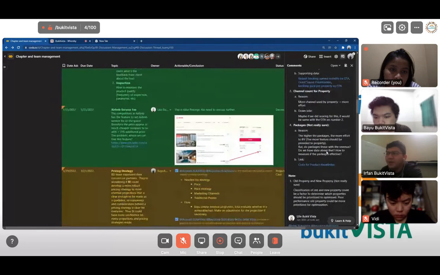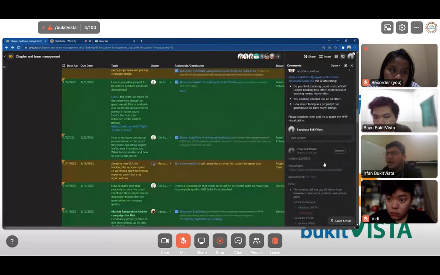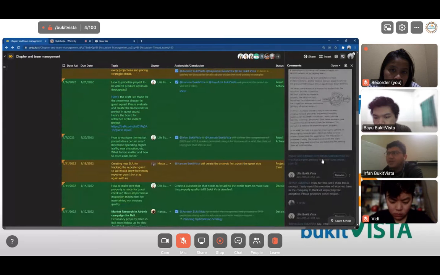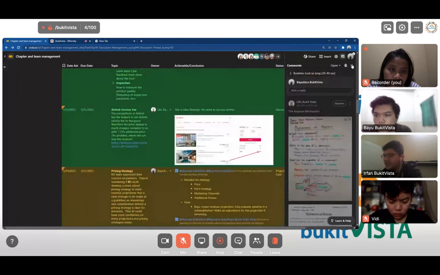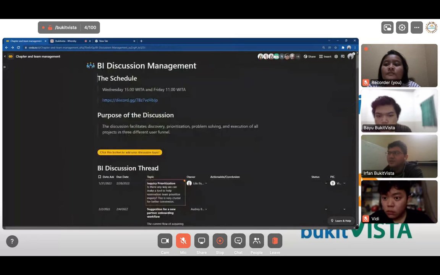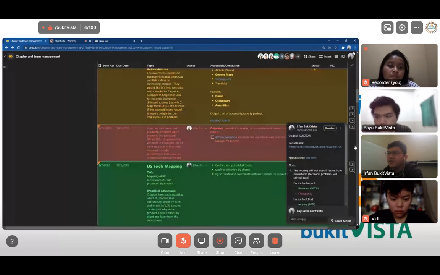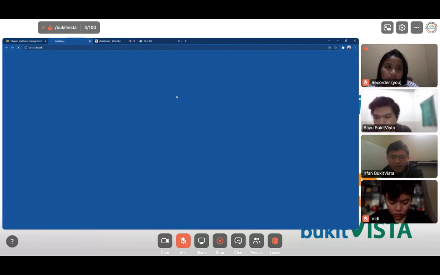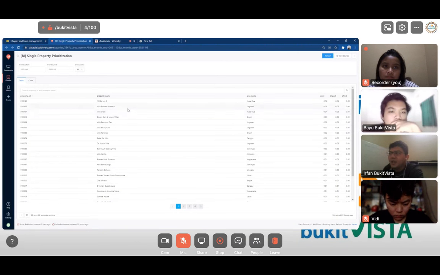For example, for impact, it should use revenue and occupancy, but I just use revenue because I have not integrated the occupancy data into my query. And for the factor of effort, I just use inquiry, booking count and listing.